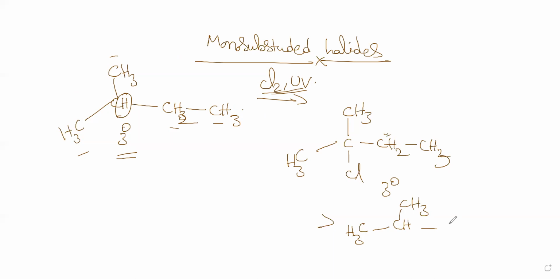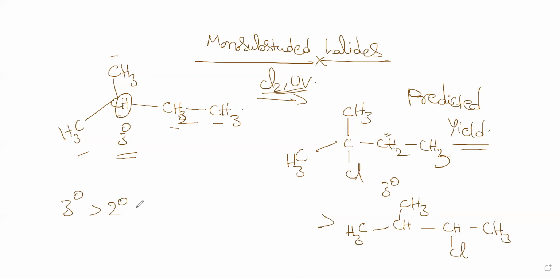So here I can give the substitution. This is called predicted yield. So you can give the predicted yield by using this particular formula. So it follows tertiary greater than secondary greater than primary. Primary carbon substitution is really difficult here in this case. So I will stop at this point, and the primary we can think later how to do it.